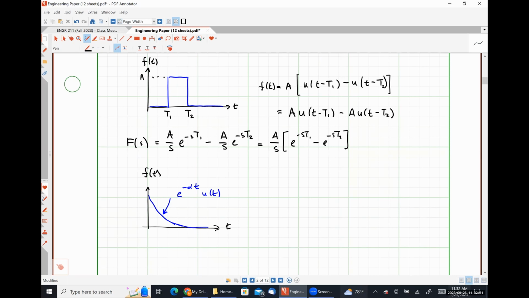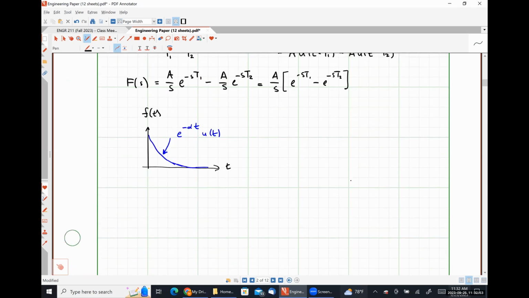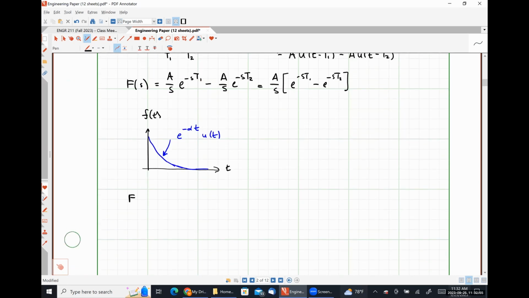So how's that going to work out? Well, F of s would be the integral from 0 minus to infinity of e to the negative alpha t times e to the negative st dt.